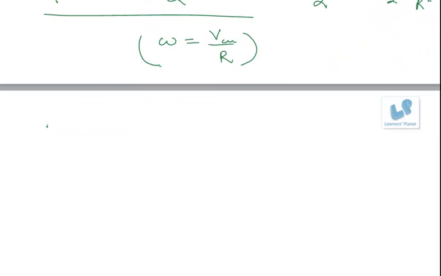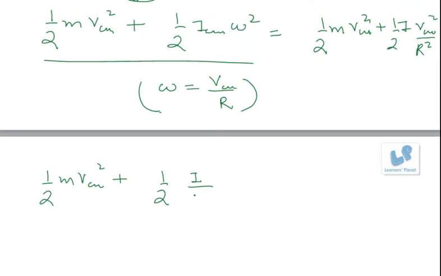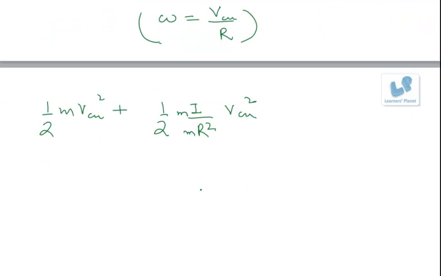Now if you substitute this value, we will get half m vcm square plus half I cm times vcm square by r square. Adding both of them, we get half m vcm square plus half I upon r square vcm square. Now if we multiply and divide by m, we get half m vcm square as common, times 1 plus I upon mr square.